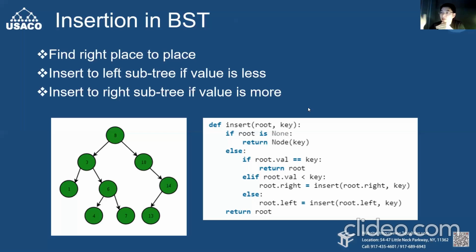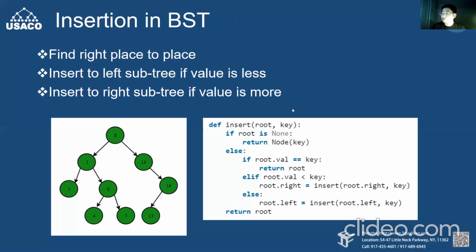So that is the whole logic we're going to implement in the insert function. Guys, listen carefully, because I'm going to ask you to write it. Basically, the whole function is merely solving the problem of finding the correct place to insert. Insert left if the value is less, insert to the right if the value is more.